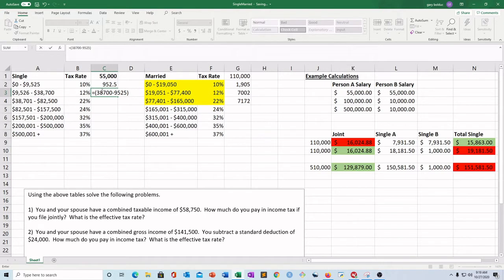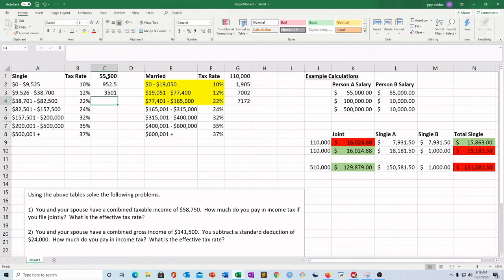So this calculation we keep doing, big number minus the big number here, is okay, I'm going up to $38,700. I'm getting taxed on all that now, but I already got taxed on this, so don't do it again. Take it away. It's out of the equation. Times 0.12. Okay, so that means on this next chunk of my income, this is how much I pay, $3,501.